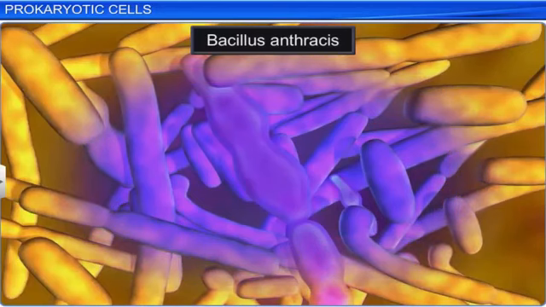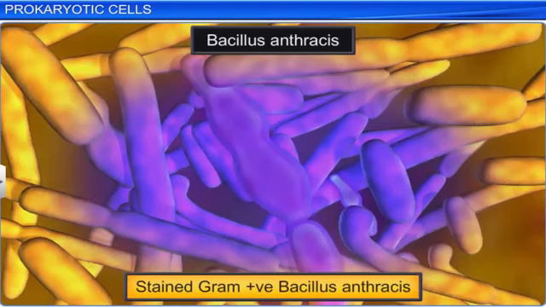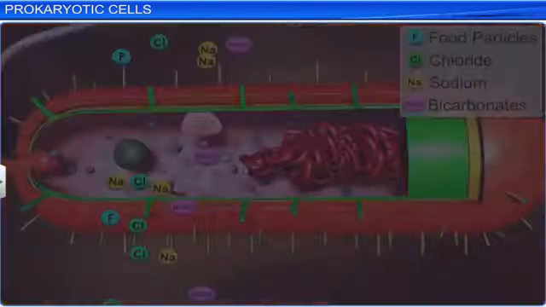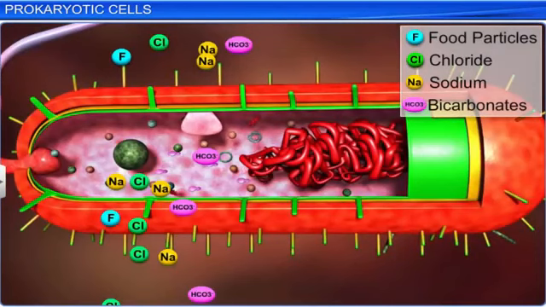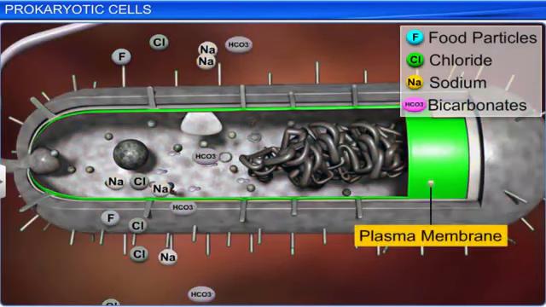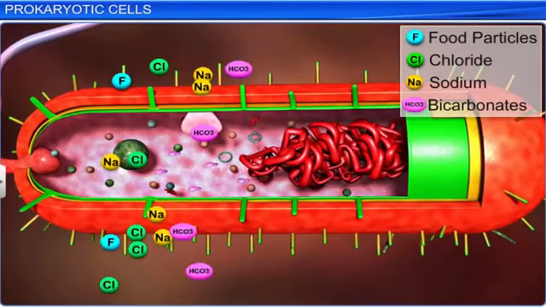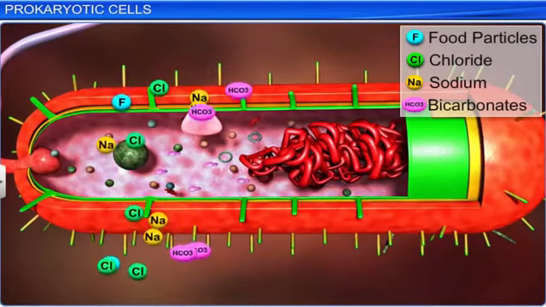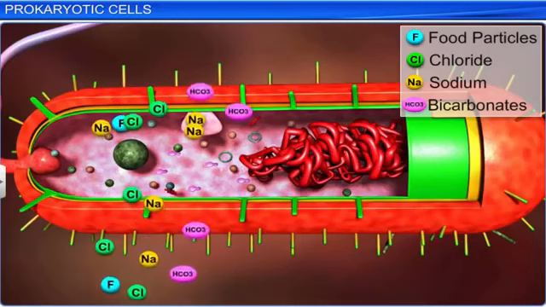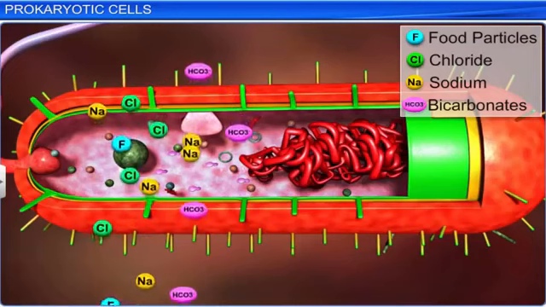Hence, such prokaryotes are called Gram-positive. The cell wall is followed by the semi-permeable plasma membrane, which controls the entry and exit of small molecules like food particles and ions like chloride, sodium, and bicarbonates.